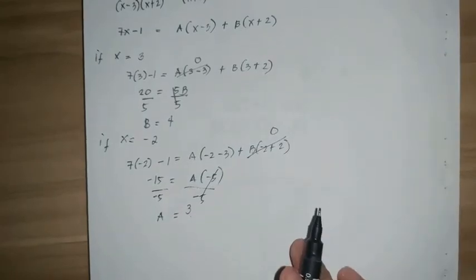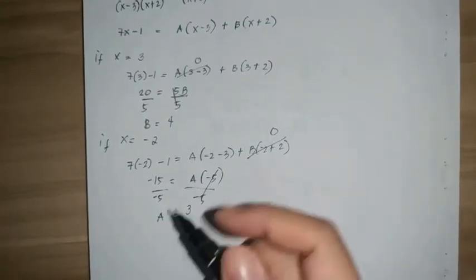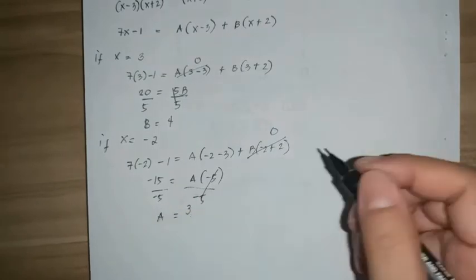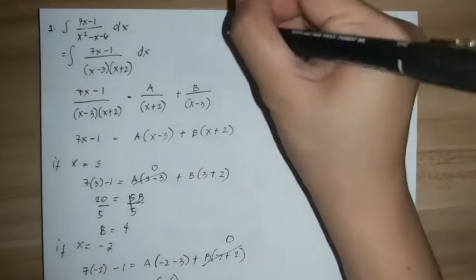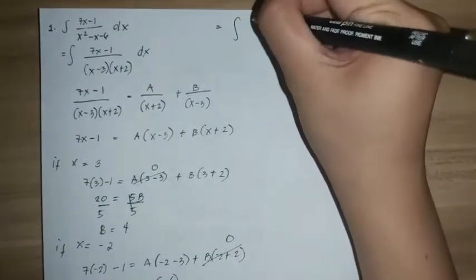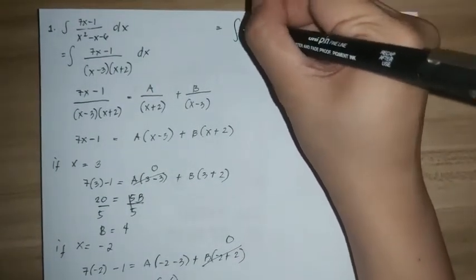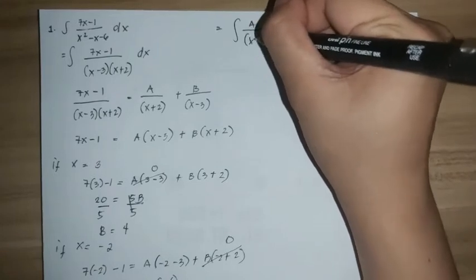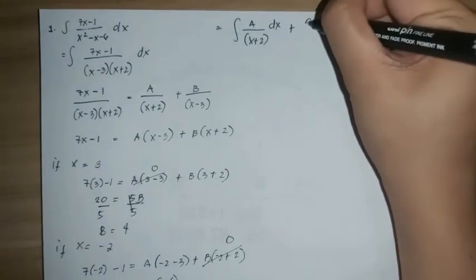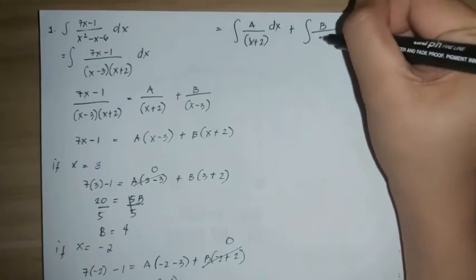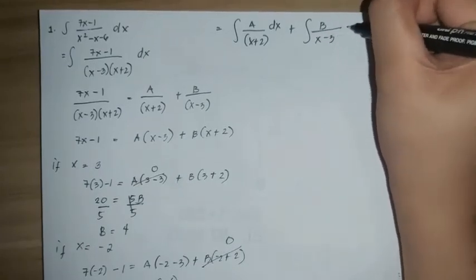Now, this is the time that you will substitute these values. We have here the integral of a all over x plus 2 dx, plus the integral of b all over x minus 3 dx.